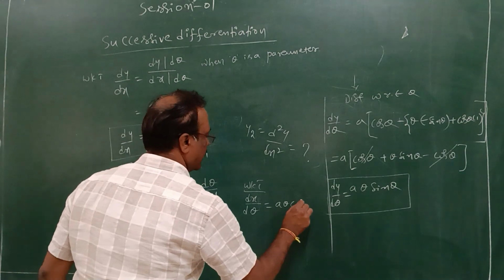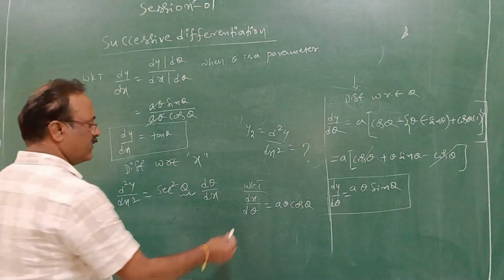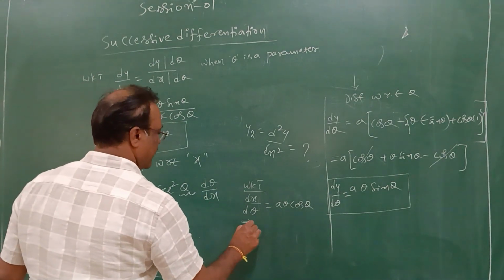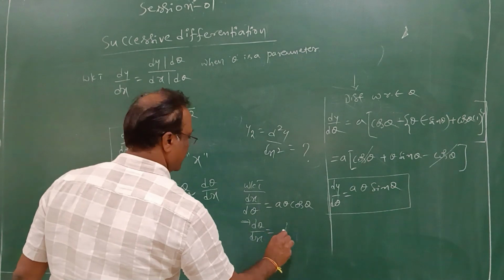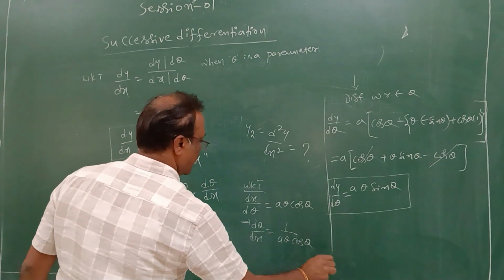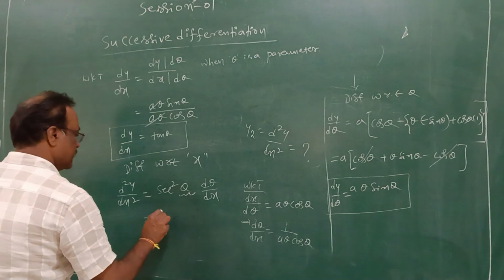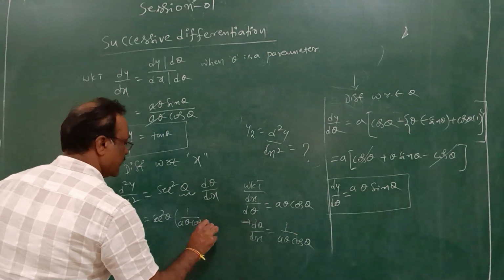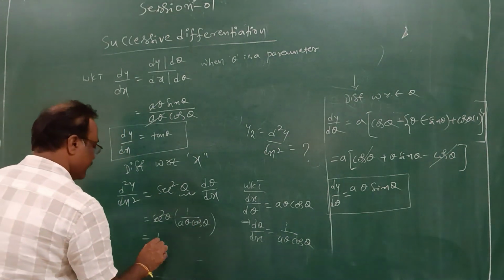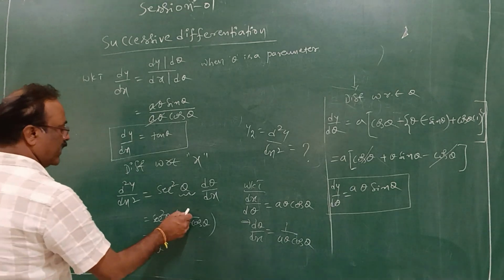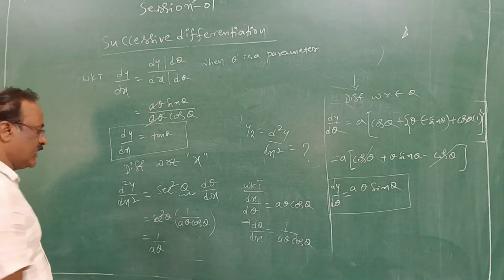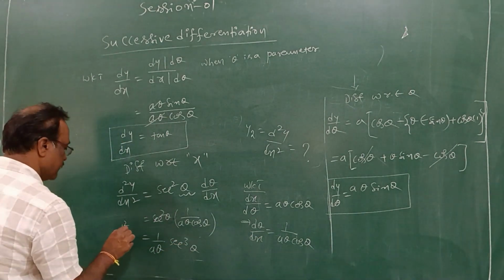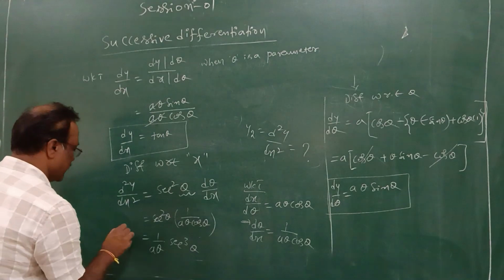The reciprocal of this is what I need: d theta by dx becomes 1 over a theta into cos theta. Let us substitute here: secant square theta into 1 over a theta cos theta, which is equal to 1 over a theta. Again, 1 by cos theta is nothing but secant theta. Secant square into secant is secant cube theta. This is your y2, or d squared y over dx squared.